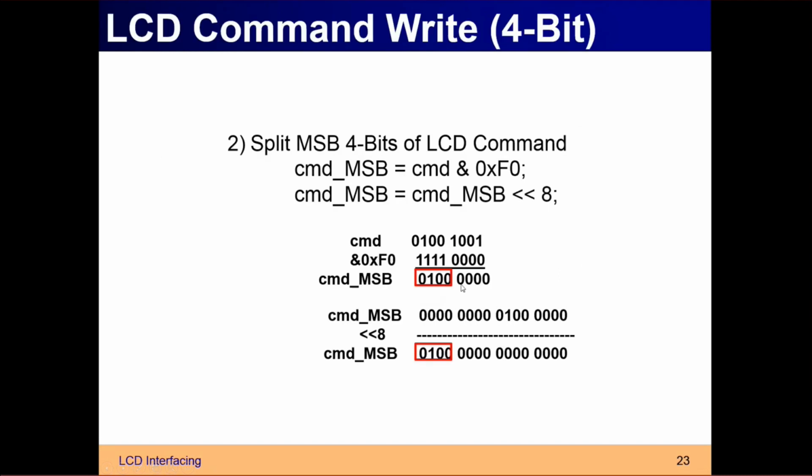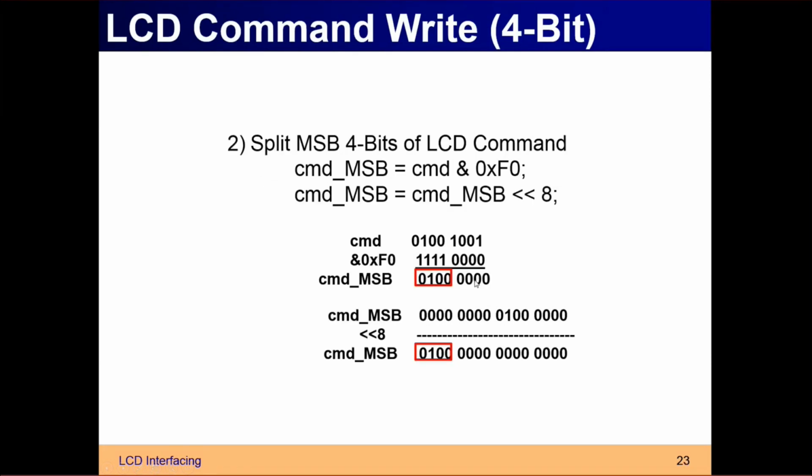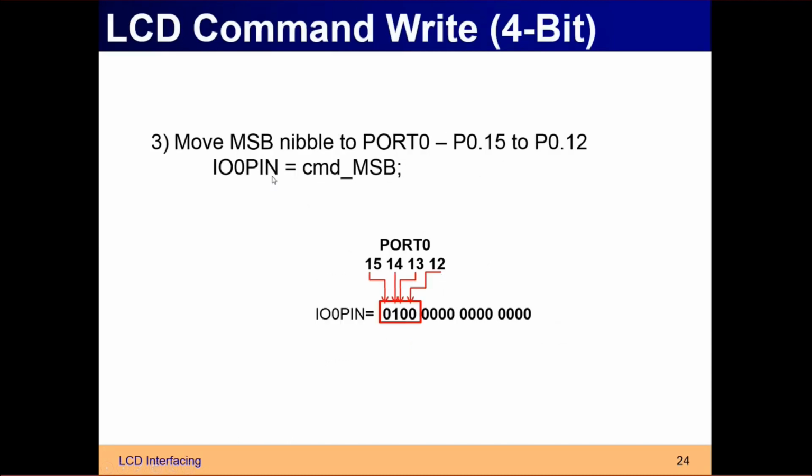But if you are directly writing this data, to which pins will it go? How will you write the data? Using the IO pin register. If you write this data directly to the IO pin register, it will go to bit numbers 4, 5, 6, 7 of port 0 if you are writing IO0 pin.